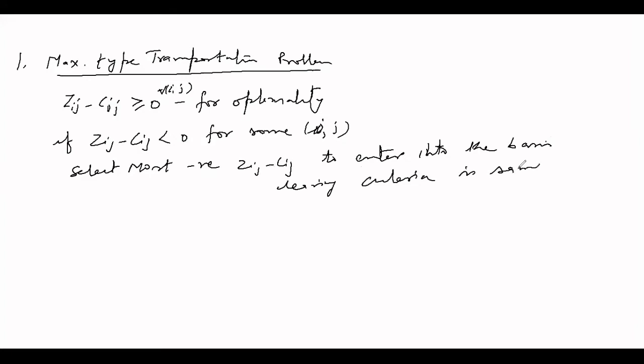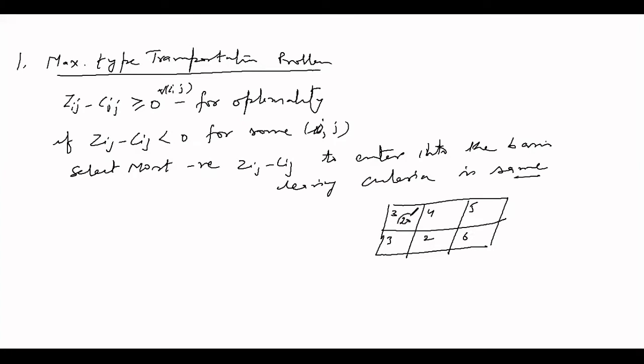Leaving criteria is the same. So that means if somehow we have this kind of situation, say it's a 2 across 3 transportation problem, with costs 3 4 5 3 2 6, and suppose you are transporting 20, 30, say 20 and say 40 units.